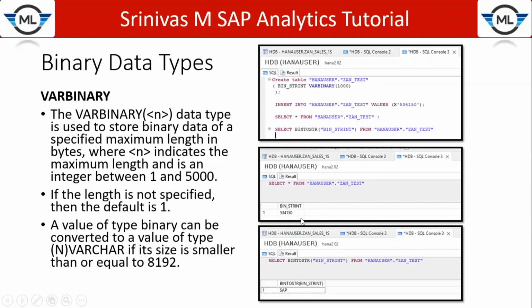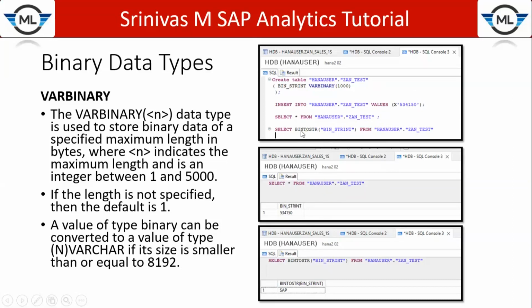The last point here is that a value of type binary can be converted to a value of type NVARCHAR if its size is smaller than or equal to 8192. What does it mean? I try to show one example here. I wrote one select statement on the same table, ZAN text. Whatever binary information I stored, I am trying to convert it into a string.